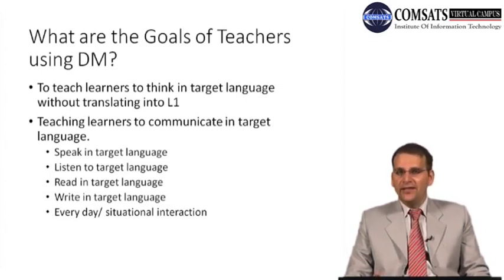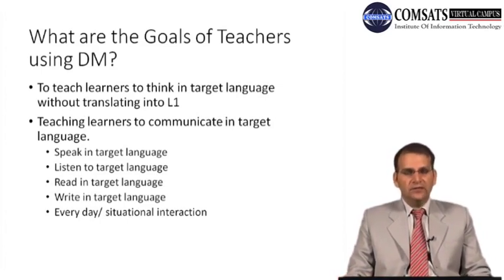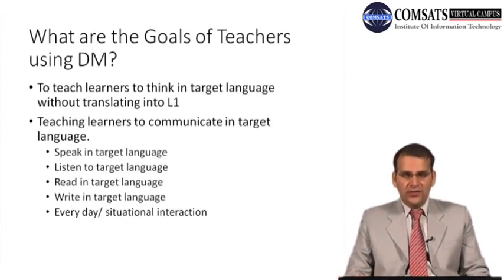The point is that most of us are the product of the grammar translation method. So what we do, we translate language from L1 to even our national language, and from national to international language. That's why we are slow speakers.